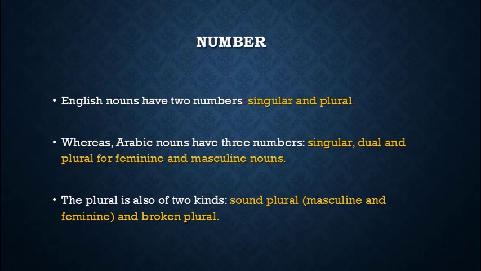For example, معلم, we said معلمون, so we add this un, or معلمين according to the case. We will see in a while what is the meaning of case marking, أو الحالة الإعرابية. So we have this un or at for feminine, so sound plural equals the regular form of plural.